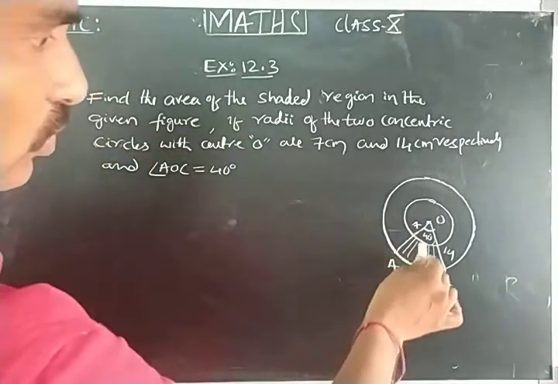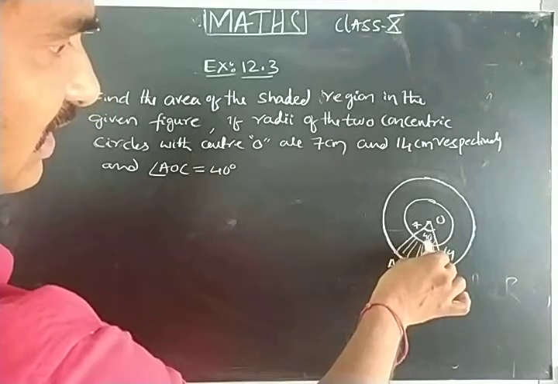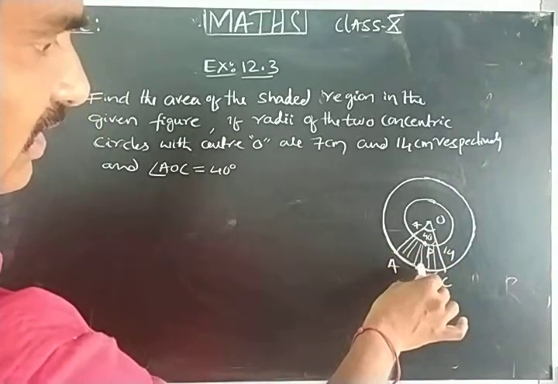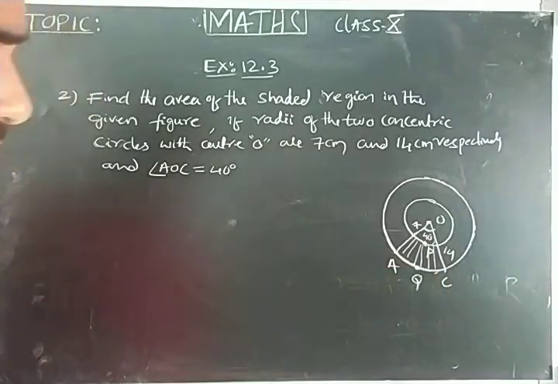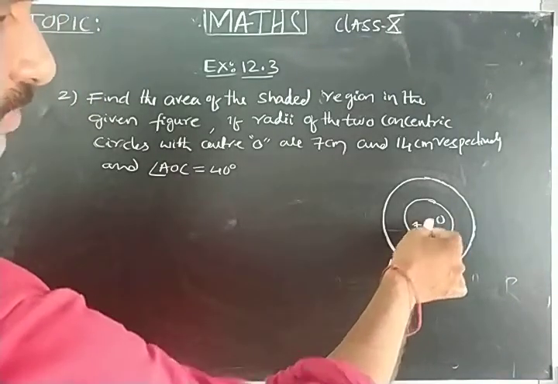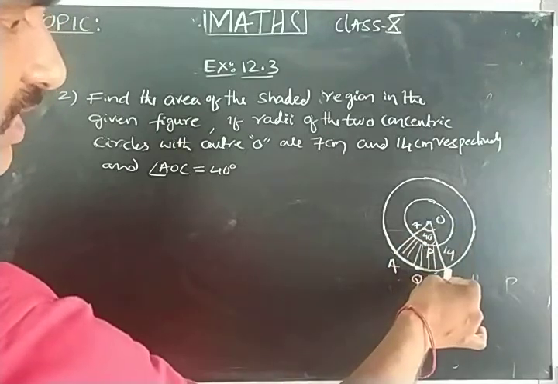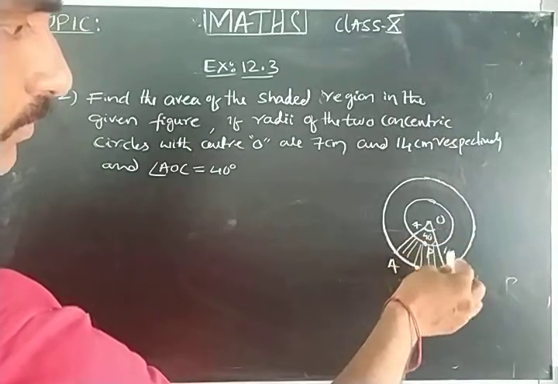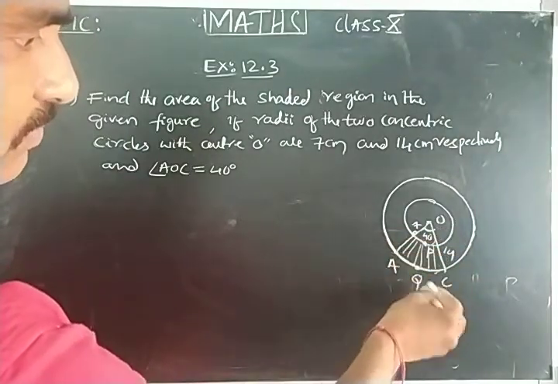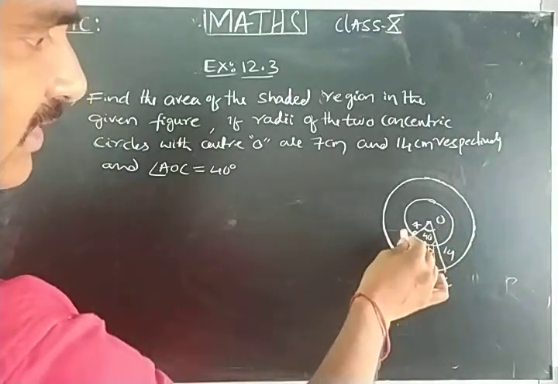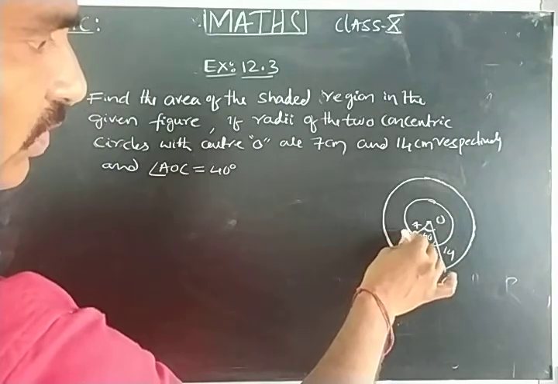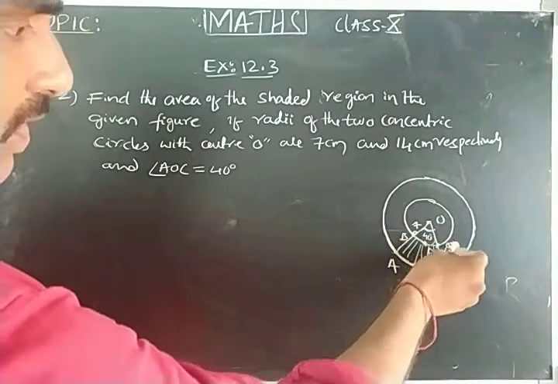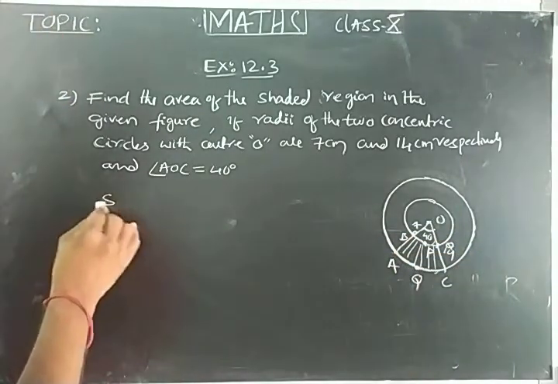Now what I am going to do here, in the smaller inner circle I am taking point P, and in the outer circle I am taking point Q. Now from the sector OAQC, I will remove the sector area. I am taking these points as B, Q. OBPQ area.